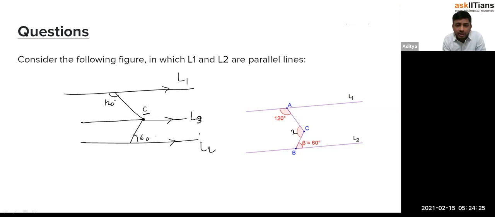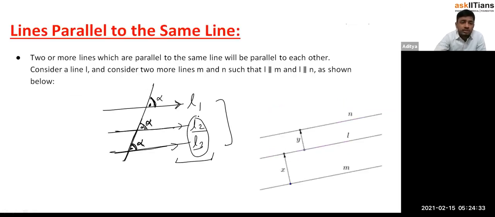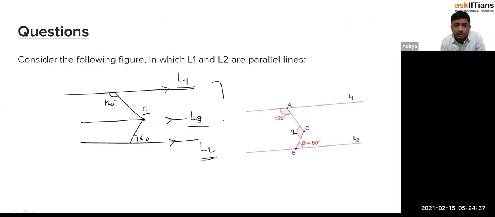And since L1 is also parallel to L2, and L3 by construction is parallel to L2, from just the previous concept we can say that all of these three will be parallel to each other, because L1 is parallel to L2 as given, and L3 is parallel to L2 by construction.